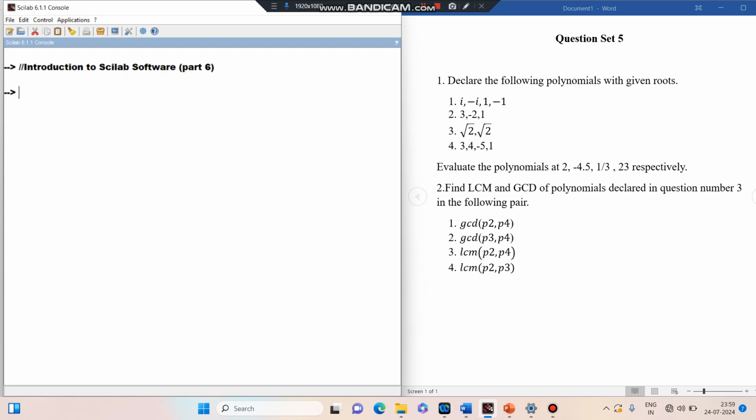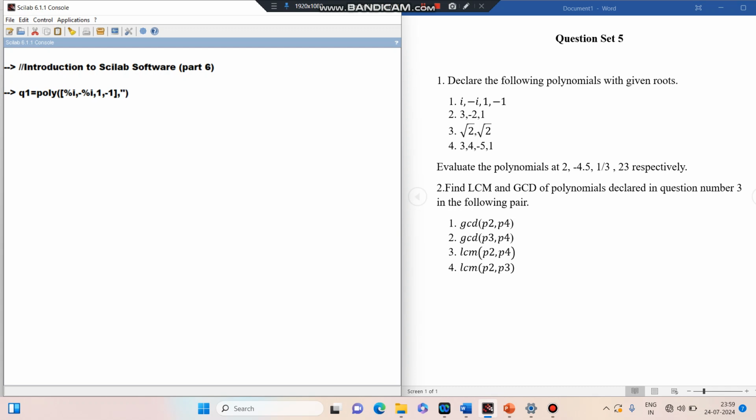For example, we can give P or Q1 is equal to, the first polynomial is poly, in the bracket, square bracket we have, the roots are i, minus i, 1, minus 1. So we can write percent i in place of i, minus percent i, 1 comma minus 1.